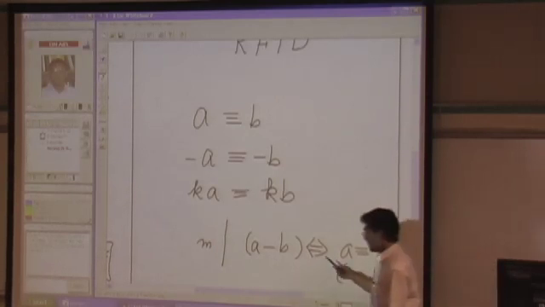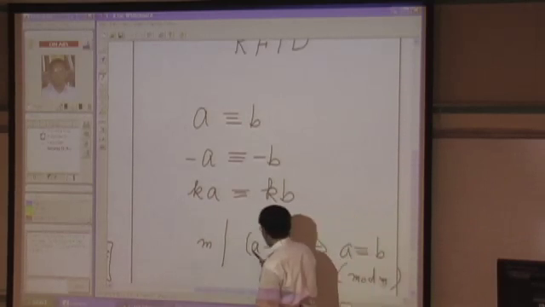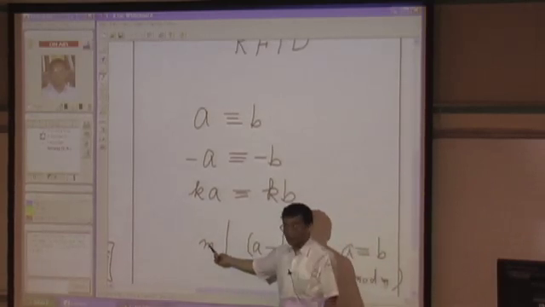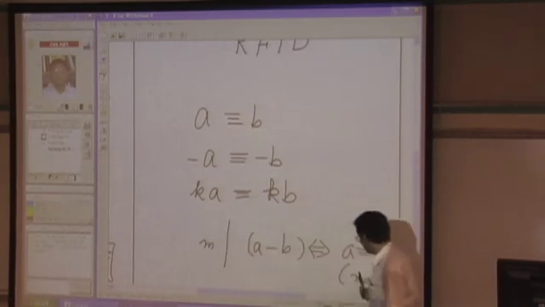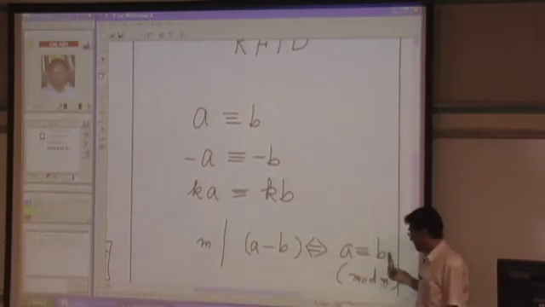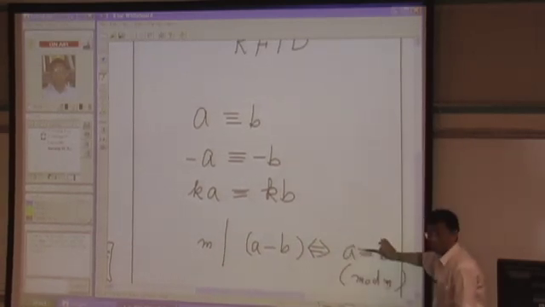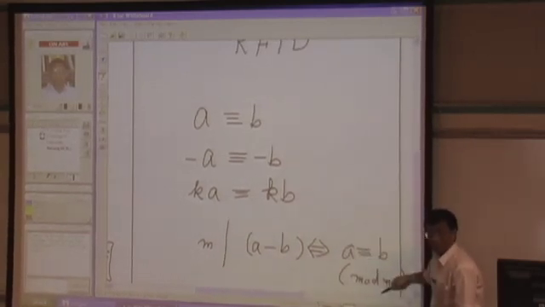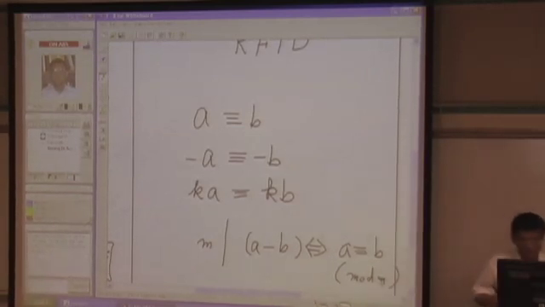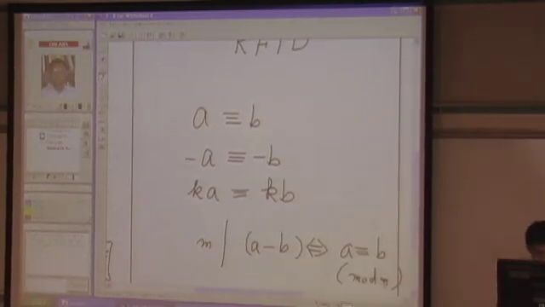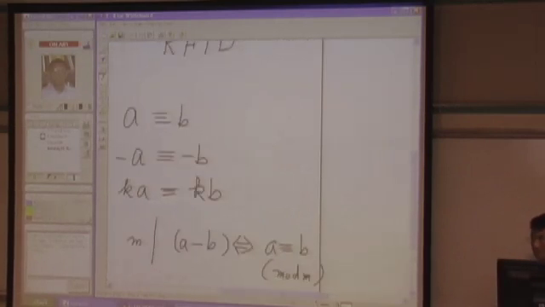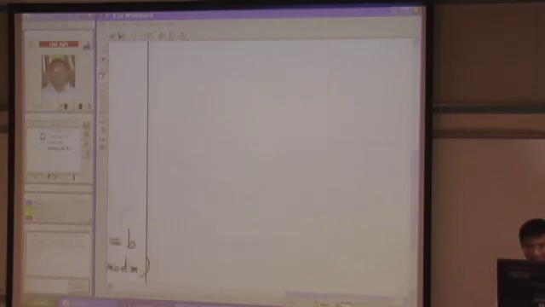So if you are asked to show that A minus B is divisible by M, then in this language, you can just say A is congruent to B mod M, or B could be 0. So in other words, A is congruent to 0 mod M. I'm just reviewing some important things that you need to know, and the thing that I mentioned and emphasized before, because we need these things in the next very, very theoretical chapter.